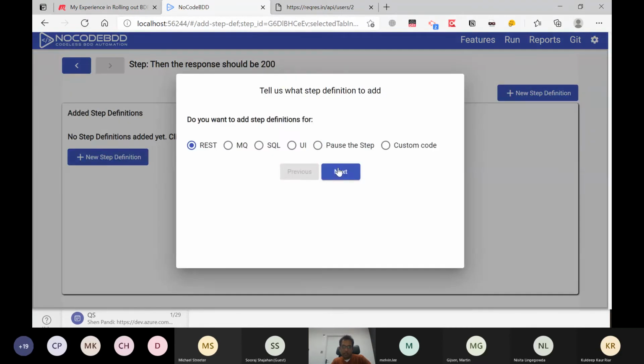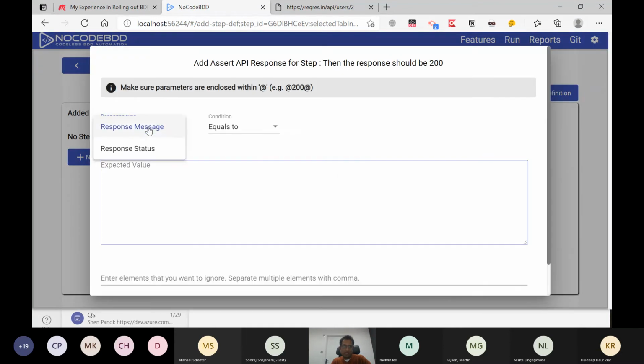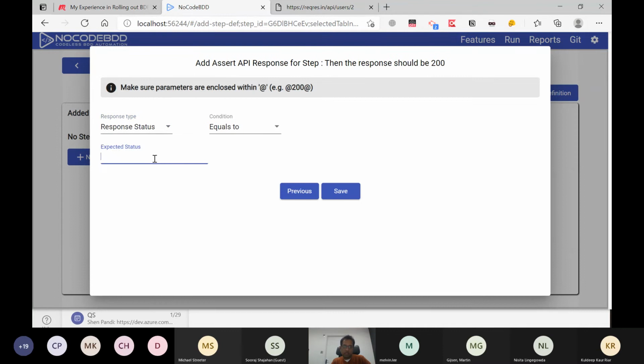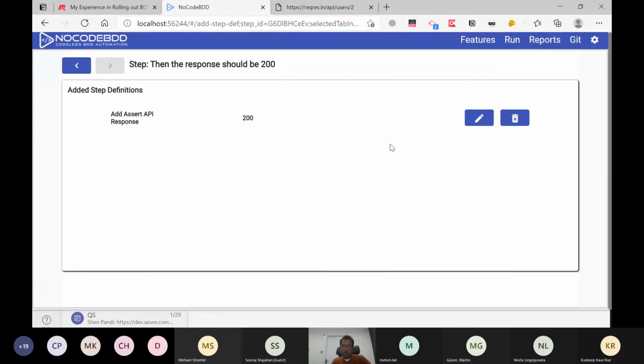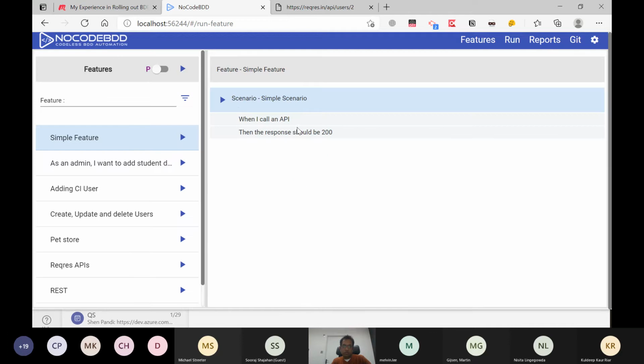Step definition, still I'm going to use REST API, and then I'm going to assert it. All I'm going to assert is the response I get from the REST API. 200. Just save it. I've defined my step definition now. All I have to do is go there and run this. I've done. That's all. Your automation is done. You've defined a scenario and your automation is done.